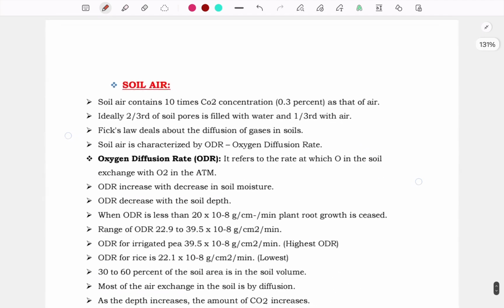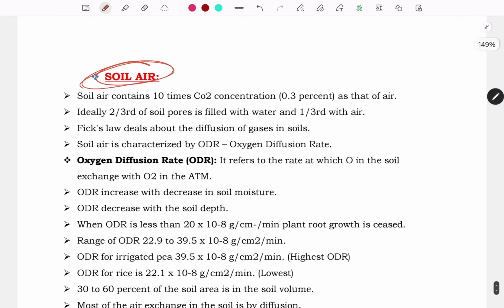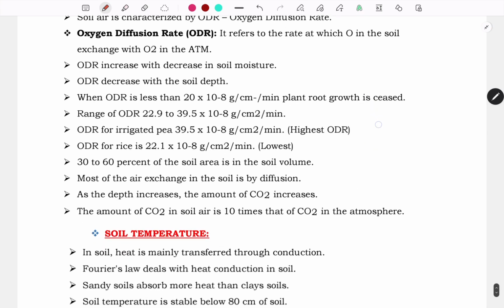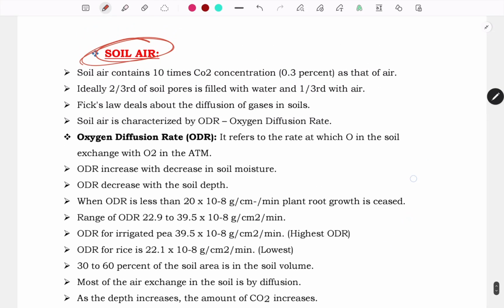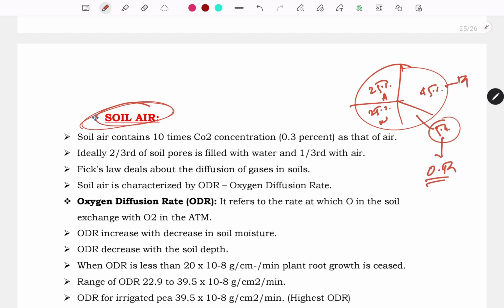And then next there are two more physical properties here: soil air and soil temperature. We have already known that 25% of soil is soil air, and 25% of soil is water. 45% is mineral content, and 5% is organic matter.